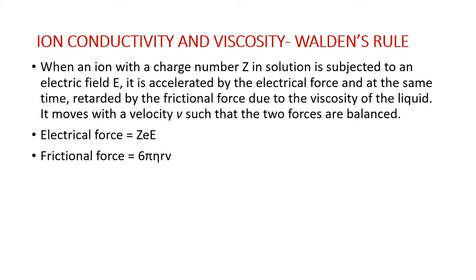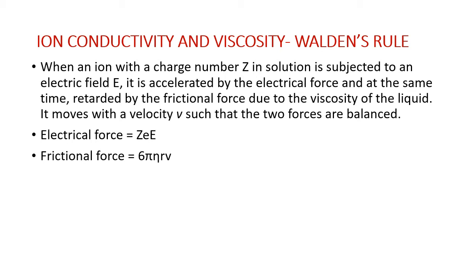This moving ion will be retarded by the frictional force due to the viscosity of the liquid, and the frictional force is given by the expression 6 pi eta r into v. That is Stokes' law, where eta is the coefficient of viscosity, r is the radius of the ion, and v is the velocity of the ion. The ion will be balanced by these two forces.